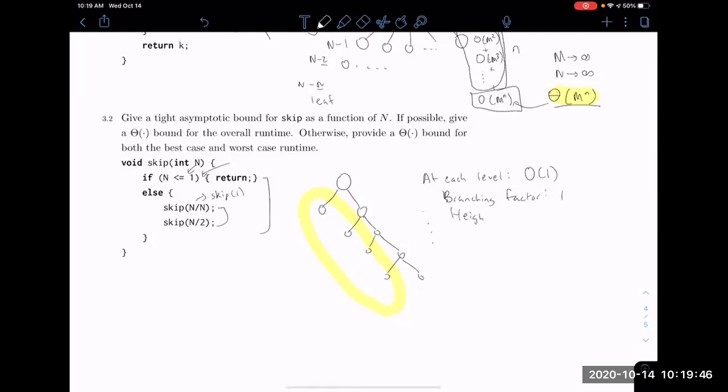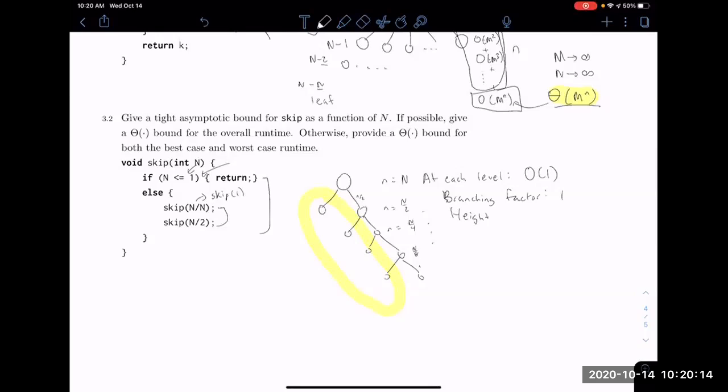The height, right? So let's look at the behavior of n. Initially n equals to n. I'll just say little n to differentiate. And then in the next step, we divided n by 2, so n equals n over 2. And then here we divided by 2 again, so this is n over 4, and n over 8, and so on.